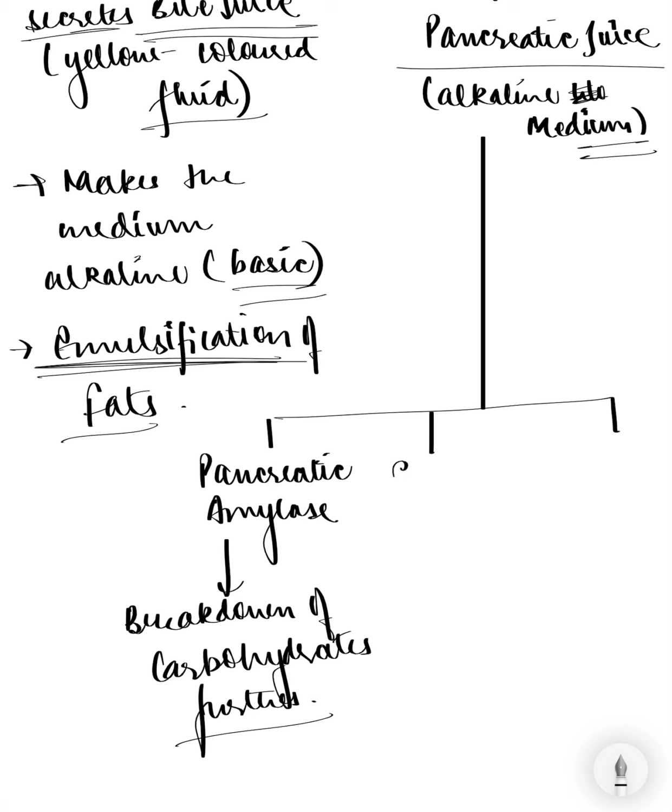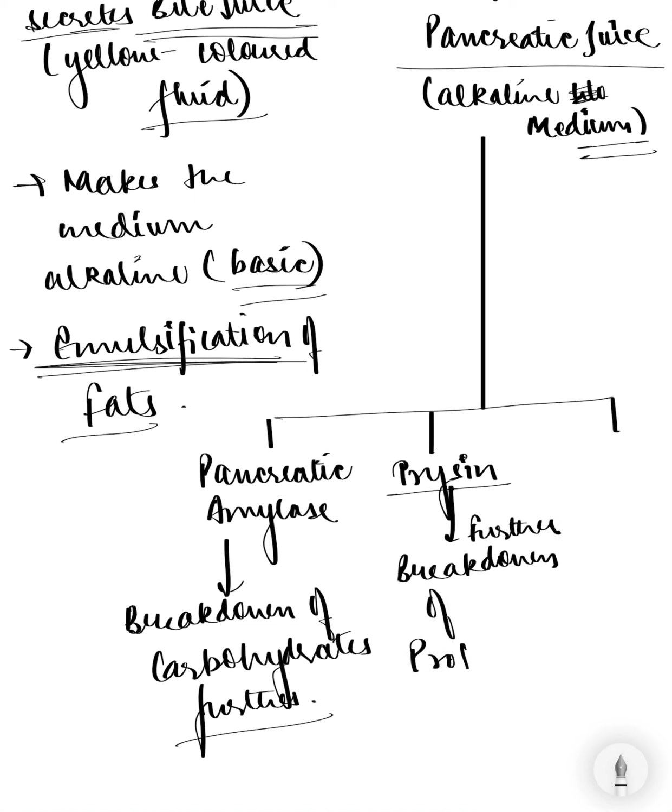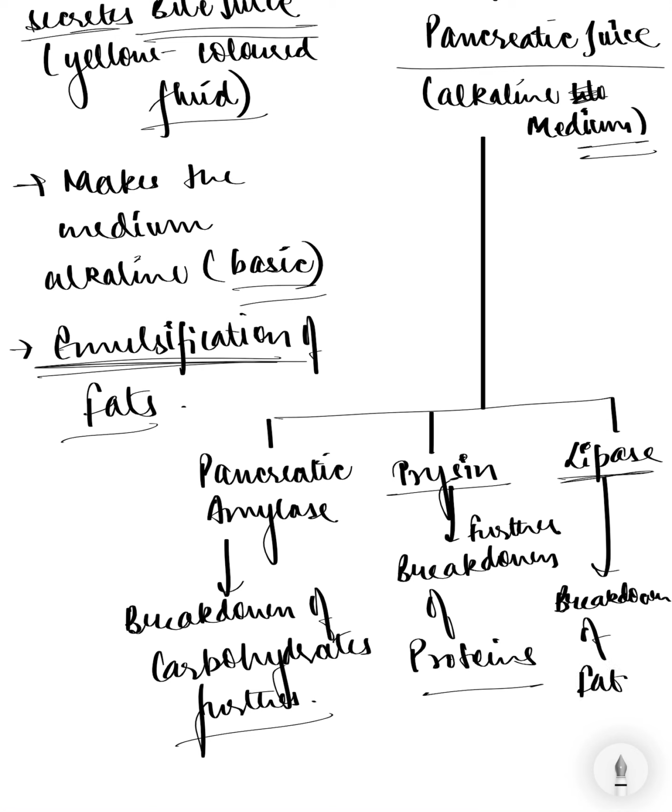Now the second enzyme it releases is trypsin. Trypsin helps in the further breakdown of proteins. Now the third secretion is lipase. Lipase helps in the breakdown of fat molecules.